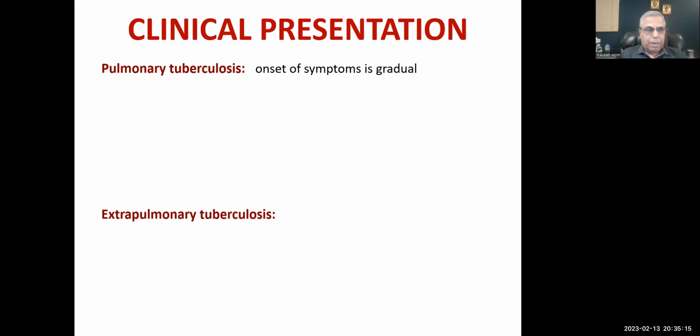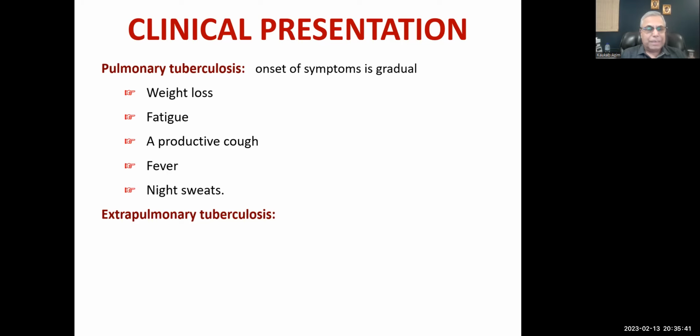So in cases of pulmonary tuberculosis, which is the most common type of tuberculosis, the onset of symptoms is gradual. There could be weight loss, particularly in patients who are not treated. Obviously, he will be weak and fatigued quickly. He will have a productive cough. You know, cough is the source of infection for other people, the source of droplets.